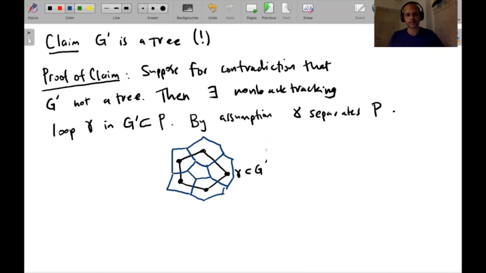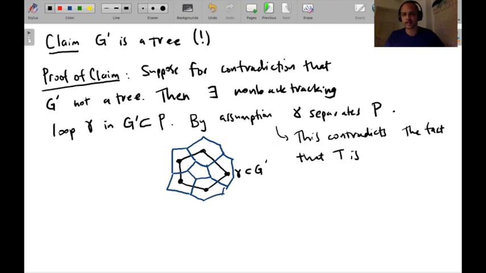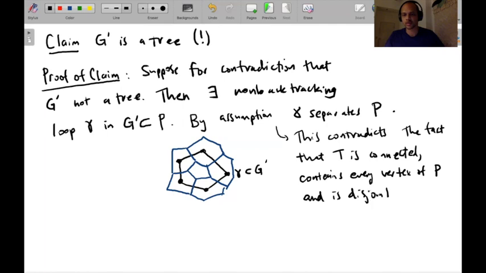Right, so here's the point. This statement contradicts the fact that T is connected, contains every vertex of P, and is disjoint from G prime, and hence also gamma.